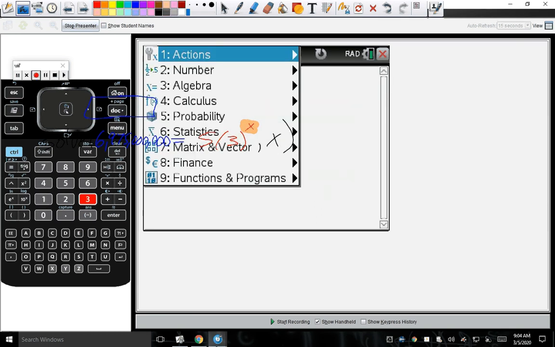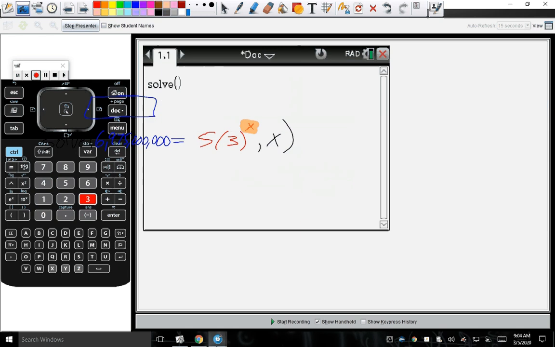Menu 3-1, and I'm going to solve for 6,975,000,000 is equal to 5 times 3 raised to the power of x. Kick over to the right and do comma x. And then press Control Enter, so that you get a nice, pretty decimal.